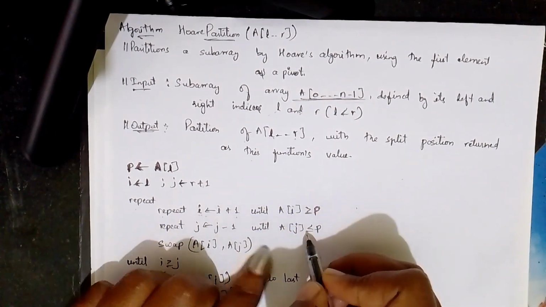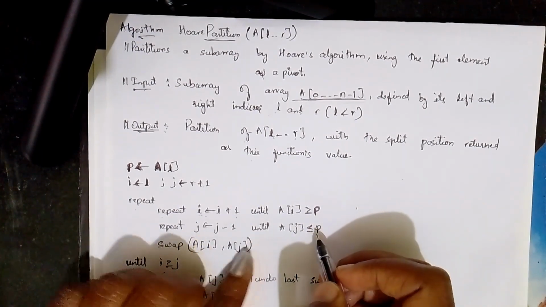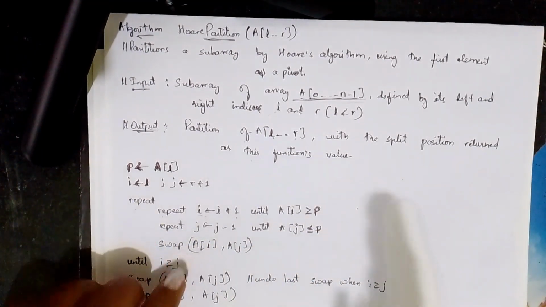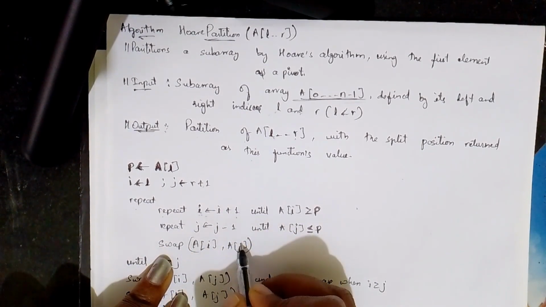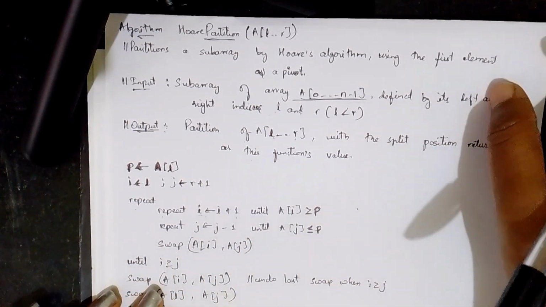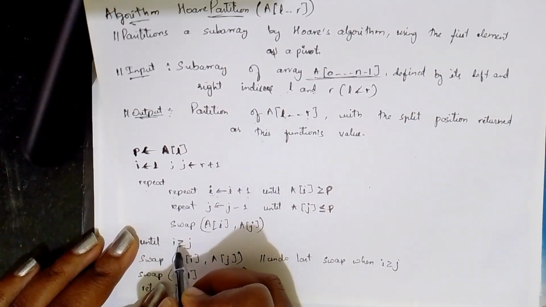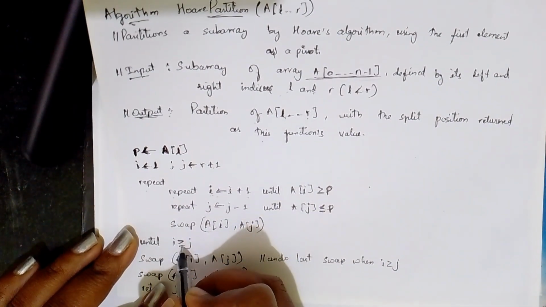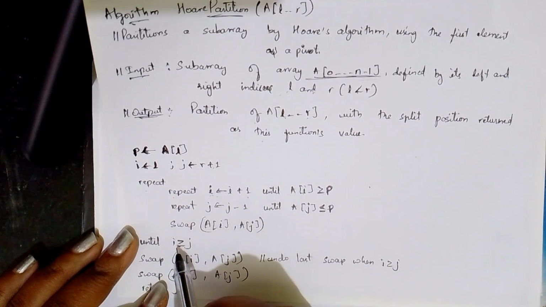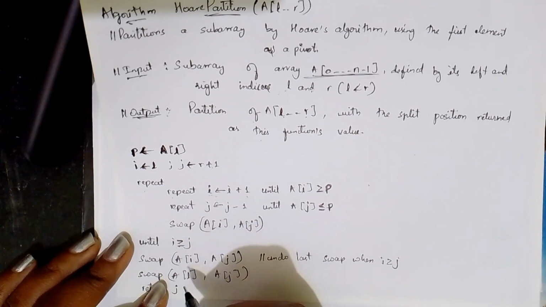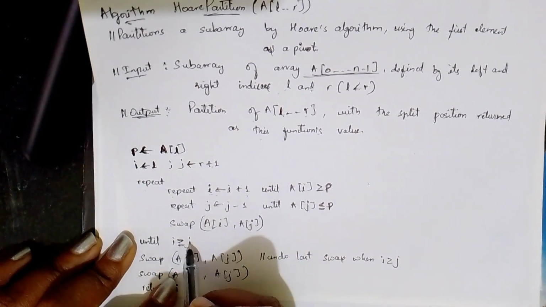And if the element is less than or equal to the pivot element, we have to do decrementation. We have to move towards the left side. Then we have to do swapping of those elements. We have to do it until we get an element which is equal to or greater than the first element. We have to do it until I is greater than or equal to j.